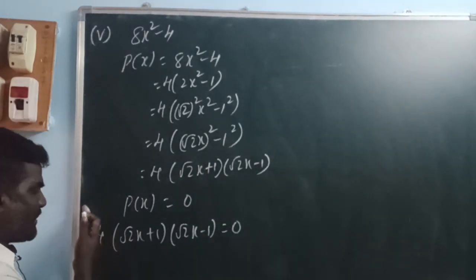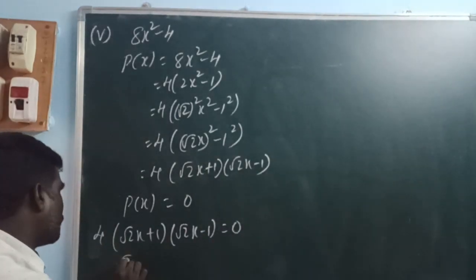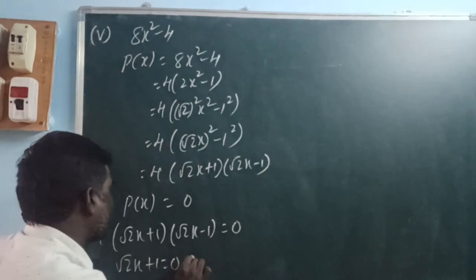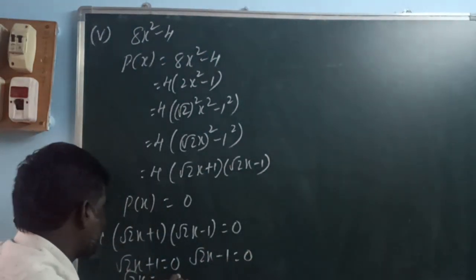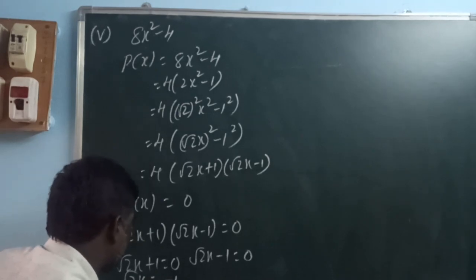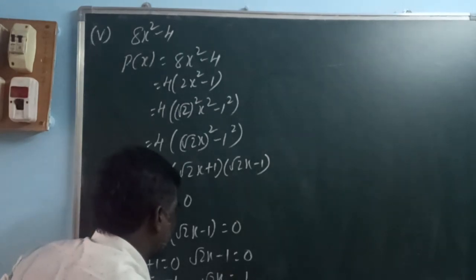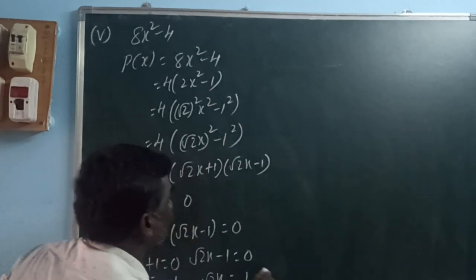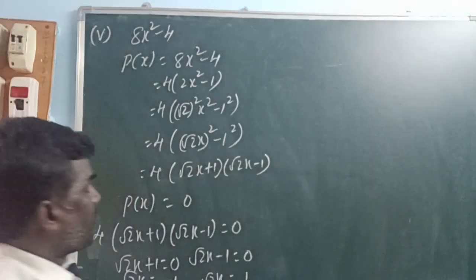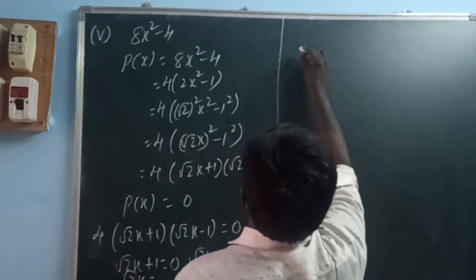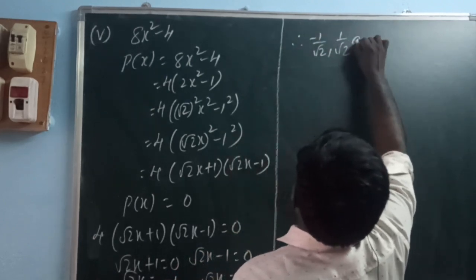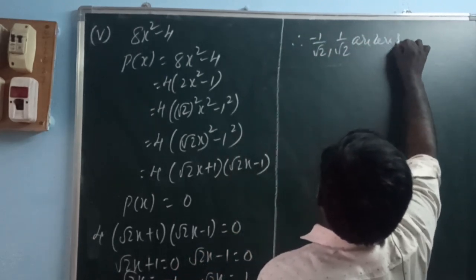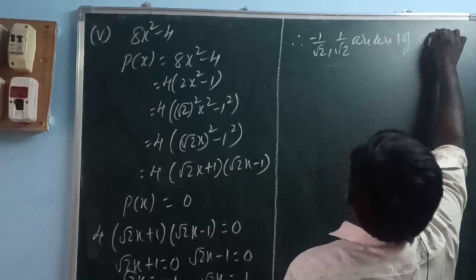So here the 4 multiple goes to the other side and divides. So root 2x plus 1 is equal to 0, root 2x minus 1 is equal to 0. From root 2x plus 1, x is equal to minus 1 by root 2. Root 2x is equal to 1, x is equal to 1 by root 2. Okay, therefore minus 1 by root 2 and 1 by root 2 are zeros of 8x square minus 4.